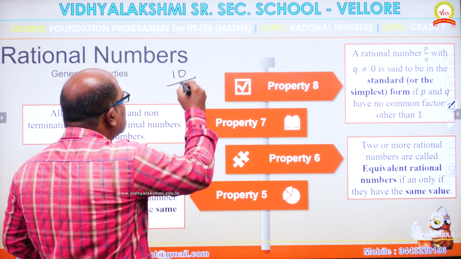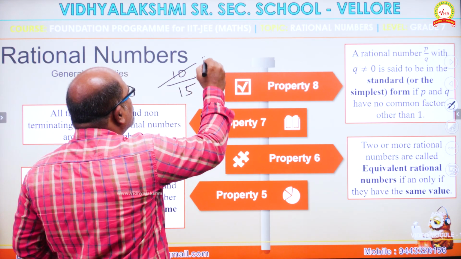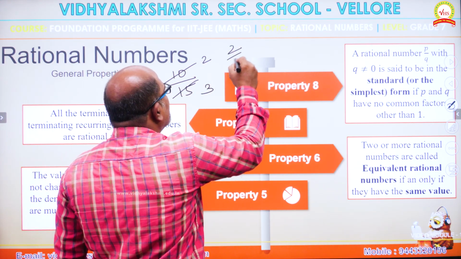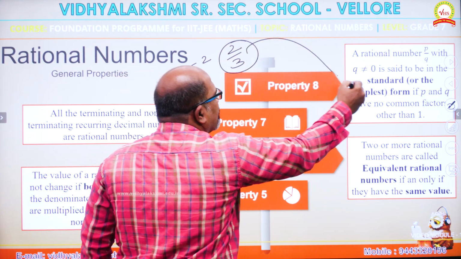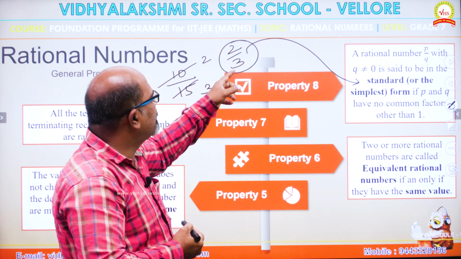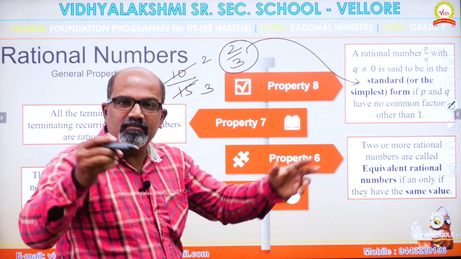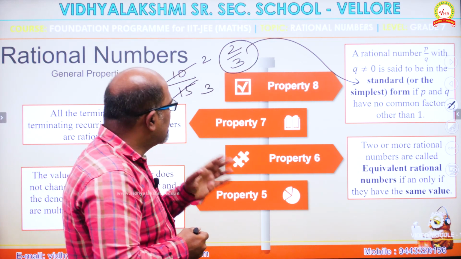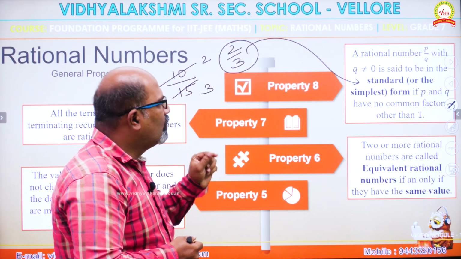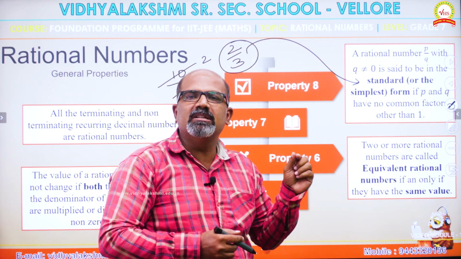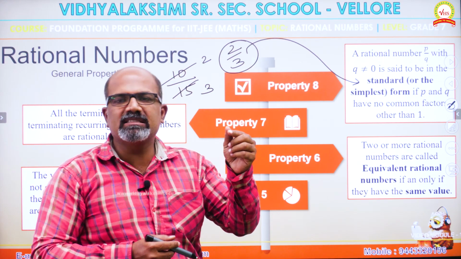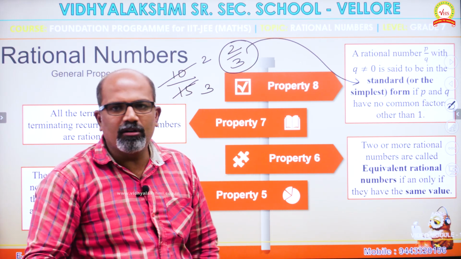If I cancel 5, 5 twos are 10 and 5 threes are 15, I get 2 by 3. This 2 by 3 is in standard form because there is no other common factor between the numerator and denominator other than 1. So a rational number is in standard form if and only if 1 is the only common factor of numerator and denominator.